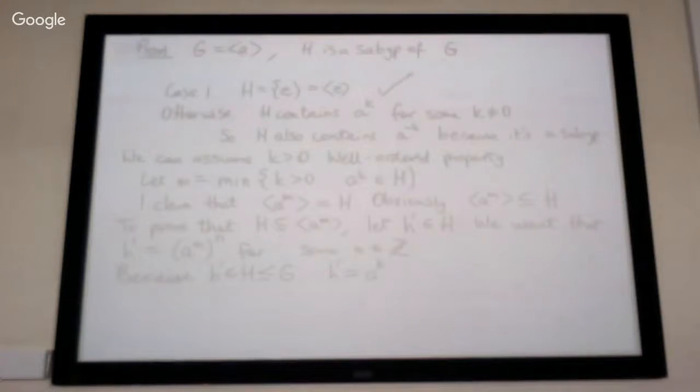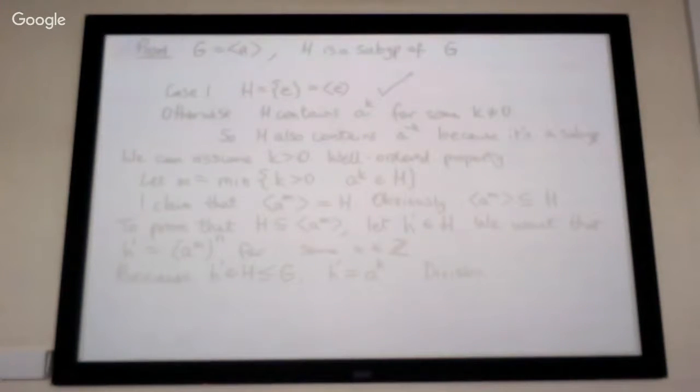Now we can use something that you probably know from elsewhere, either fundamentals or number theory, which is division. Secondary school, maybe, which is division with remainder.